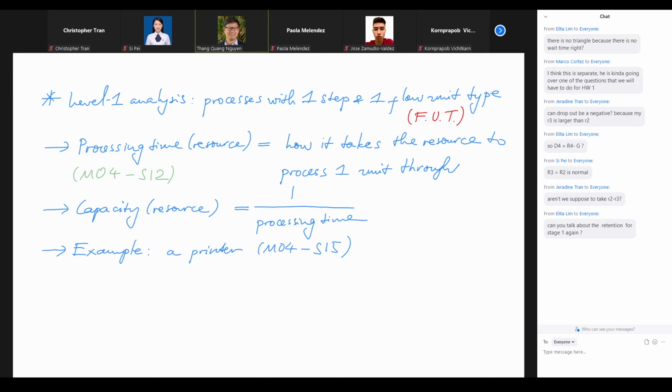If it is a large poster and it takes only 10 seconds, this is a state-of-the-art, very powerful printer, right? So let me summarize the information here. We have a printing process, and inside that process, we have the key resource, which is a printer.